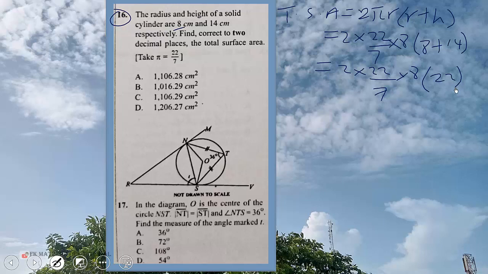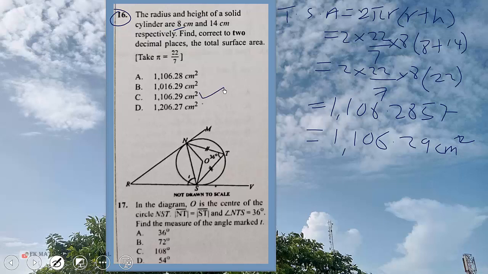So this will give us 1106.2857, which is equal to 1106.29 centimeters squared to 2 decimal places. So the correct answer is 1106.29. So option C is correct.